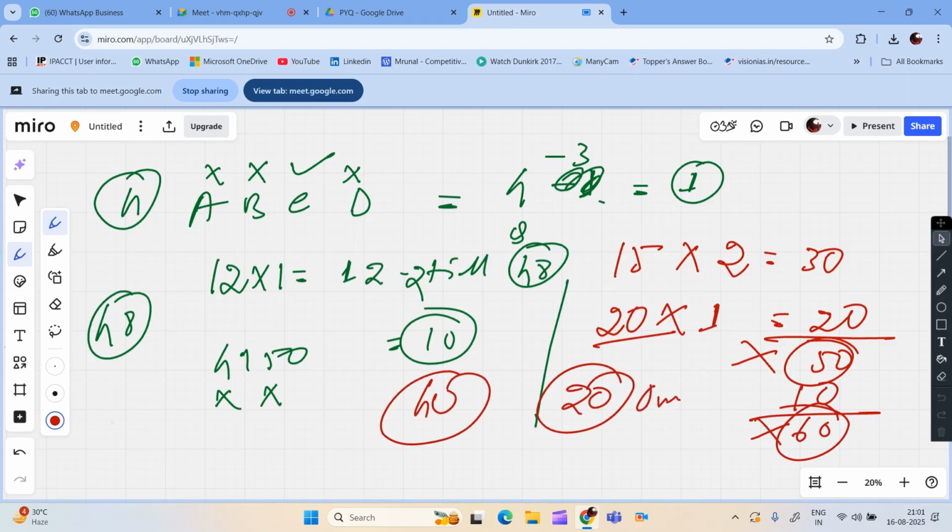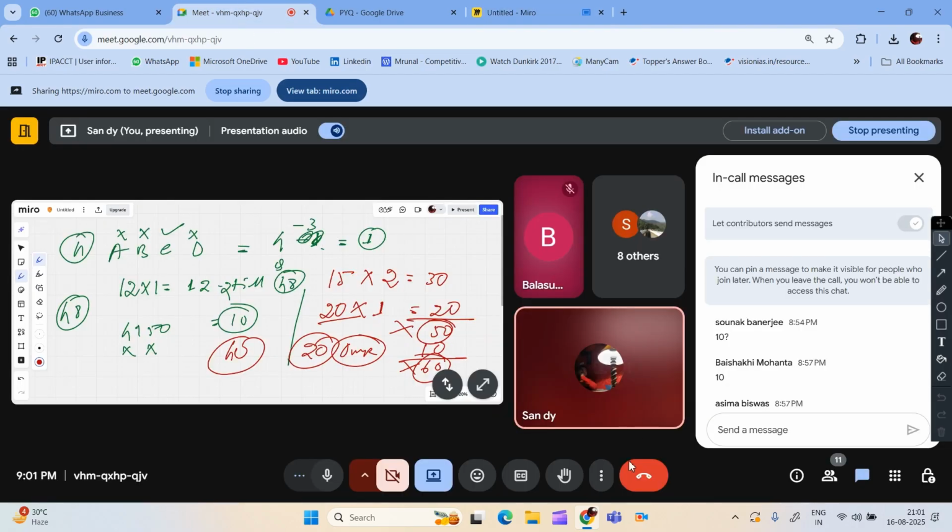So the time that you are taking to solve this question, you need to reduce it in a very proficient manner. I hope you understand. The time that you require to get to understand the level, you can solve the question, but you need to reduce your timings. Got it?